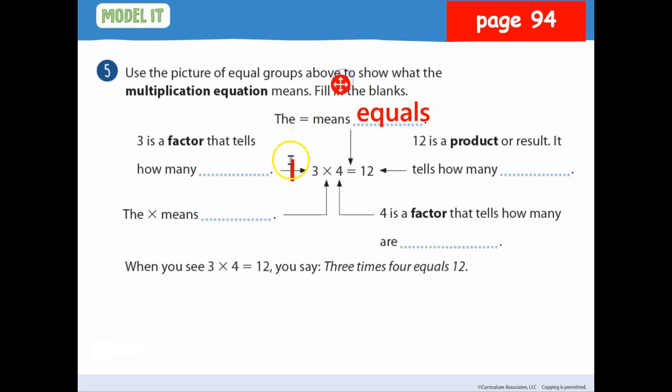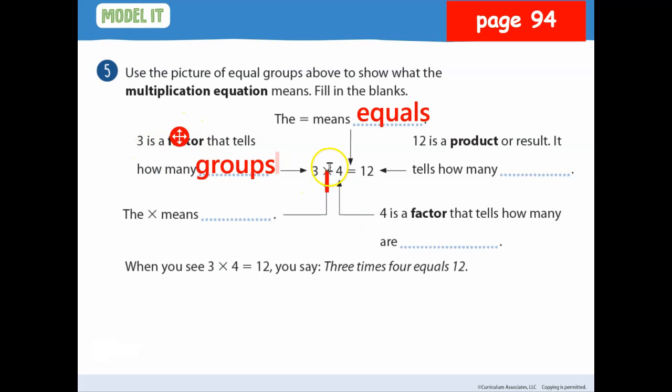Right? Okay. Now the first number 3 means what? How many what? We circled what? We didn't circle 4. Yeah, and those 3 were what? Groups. Thank you. The first number tells you how many groups you have.